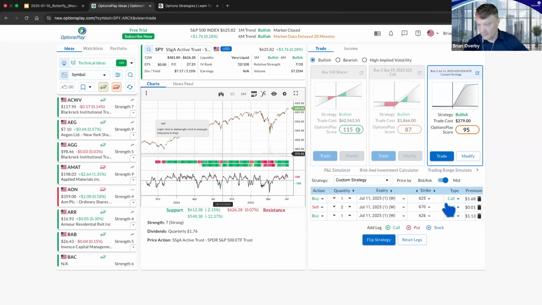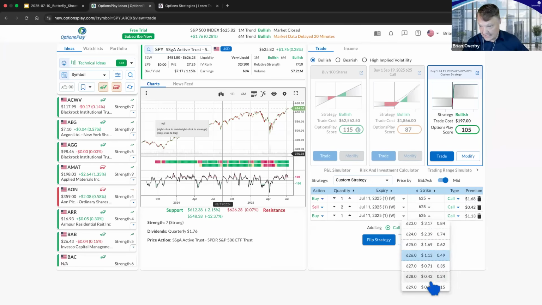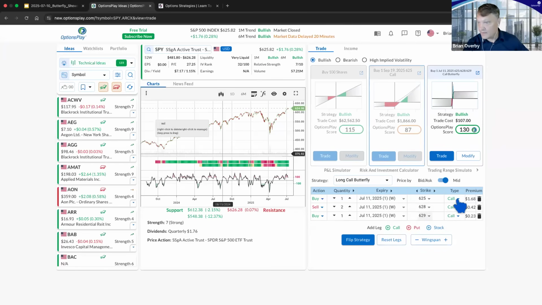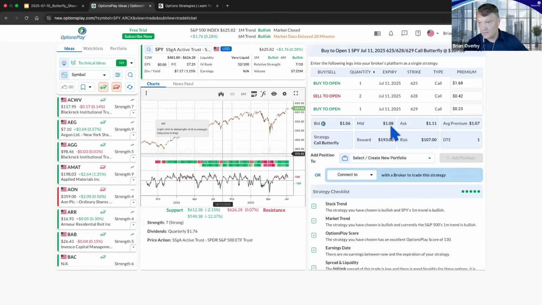Add a leg, 628, and then 629, and that's the standard. 107. Why is it saying 107? 108. The markets must have widened a little bit. That was 98 cents not that long ago. 108. Oh, no. That's because we did something. Yeah, that's right. We did the skip strip. We did the different one.